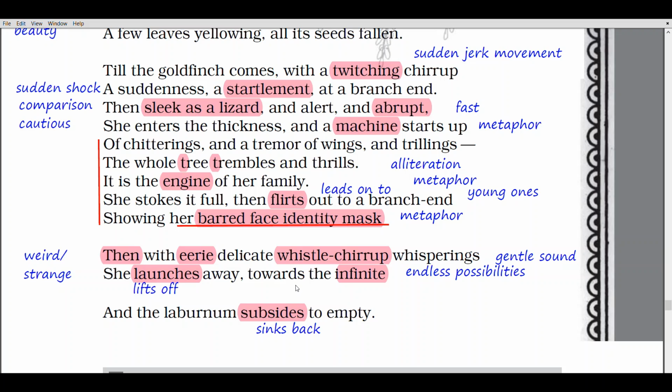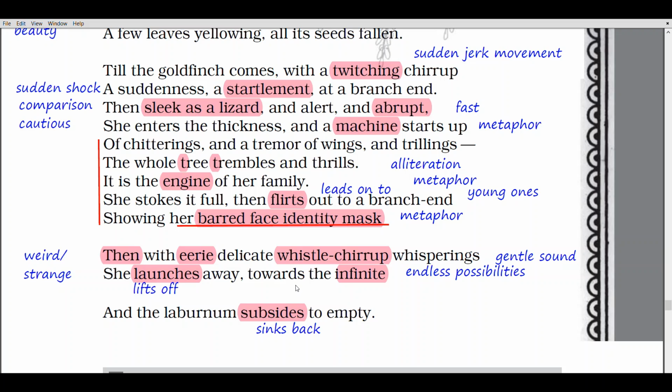Delicate means very soft, gentle, like the chirping of the bird. So a gentle sound of the bird. She lifts off from the branch towards endless possibilities. So infinite here is endless possibilities.